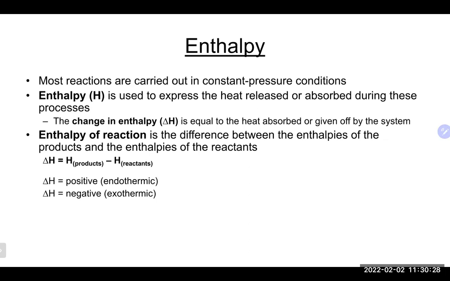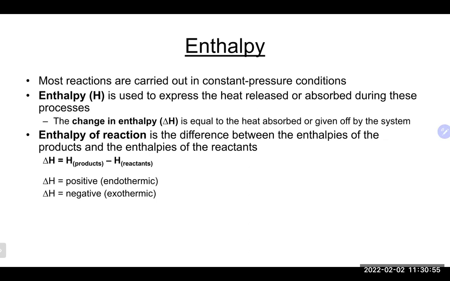And this comes back to what we were talking about earlier. Basically, products minus reactants, final state minus initial state. Again, the two important things are where you start and where you end in terms of energy. And that's oftentimes how we calculate something like delta H. And as we talked about a number of times up to this point, positive value endothermic, negative value exothermic.